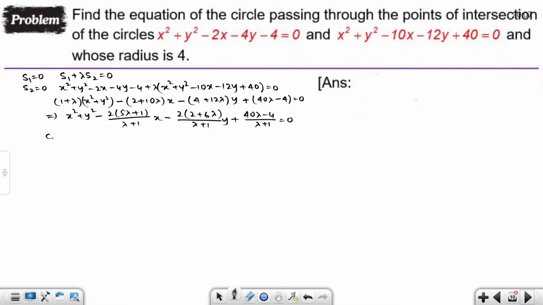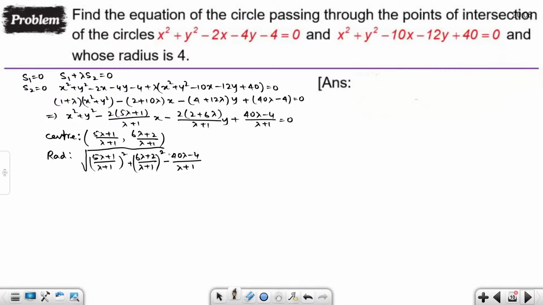Therefore, its center is at... Thus its radius will be... Am I correct? So this is its radius.